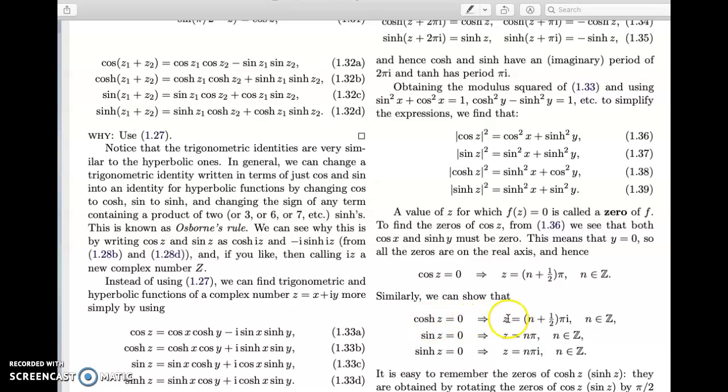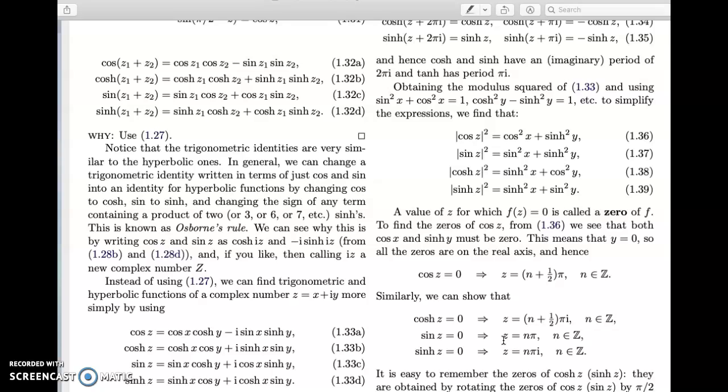Cosh, its sister function in the complex plane, has zeros that look almost the same, except you've got this extra factor of i here, and the same with sine and sinh. So these zeros are going up the imaginary axis, as with sinh, just as with cos and sine, they're going along the real axis.